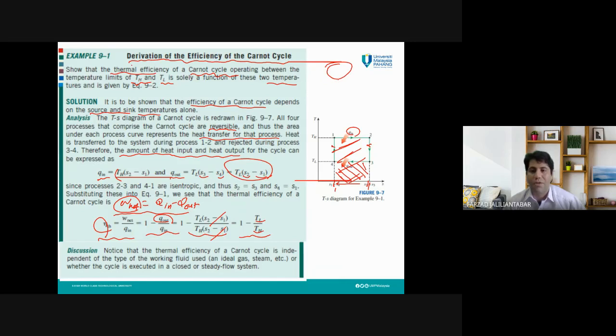We have something like this. If you remember, we have QH from this source, its temperature is TH. Then we have QL to this sink, its temperature is TL, and we have W here. If you remember, this is a heat engine.